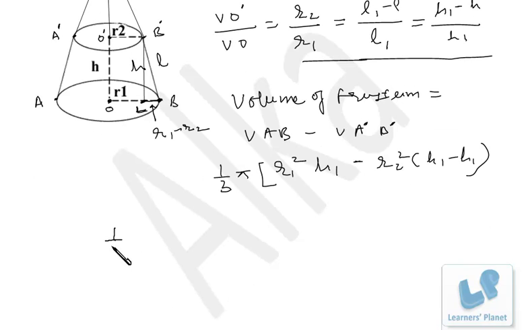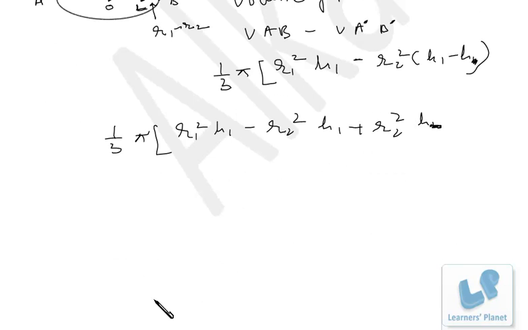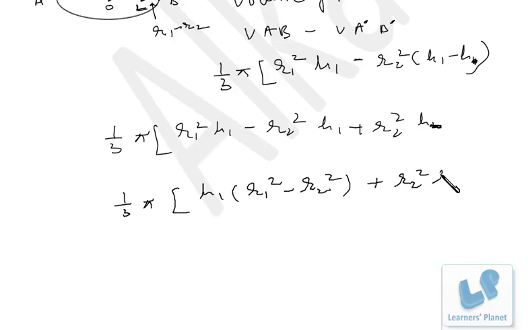So if you simplify it, it will be 1 upon 3 pi r1 square h1 minus r2 square h1 plus r2 square h. Sorry, this is h1 minus h only. So that is 1 upon 3 pi, h1 times r1 square minus r2 square, plus r2 square h.